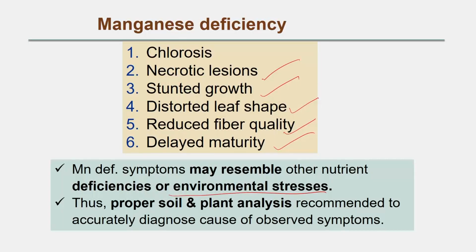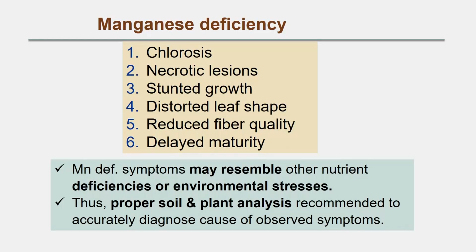In many cases they are useful also. So, it may resemble, and thus proper soil and plant analysis is recommended to accurately diagnose the cause of the observed symptom. If one is not sure based upon the deficiency symptoms, then plant testing can be done to see the status of boron in the plant. If it is deficient, then boron can be sprayed onto the crop.